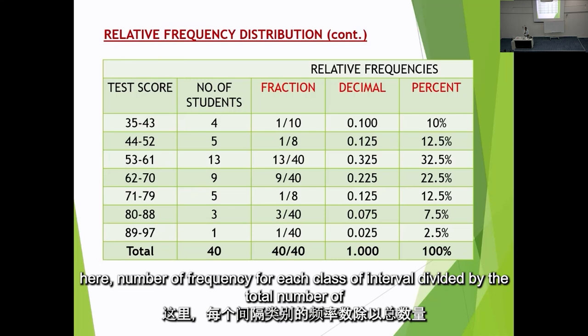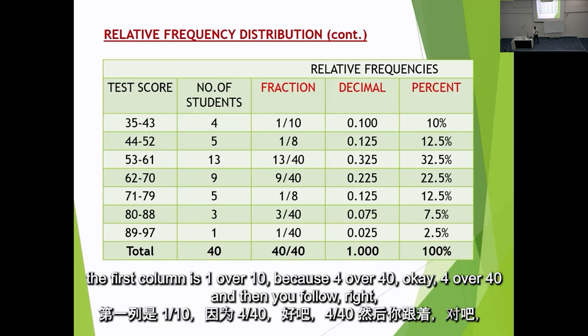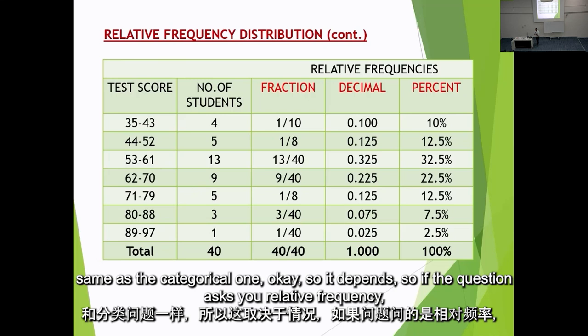The frequency for each class interval divided by the total number. Why is the first one 1/10? Because 4/40, and then you follow, the same as the categorical one.